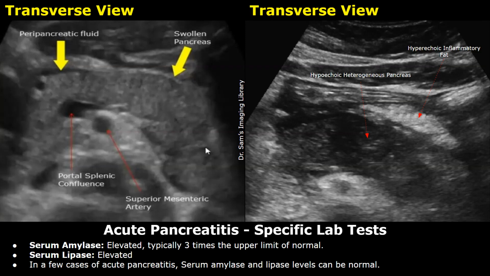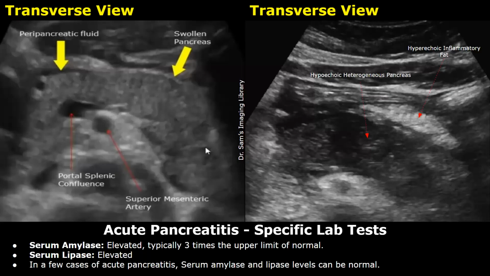First we will look at specific lab tests which are helpful in diagnosing pancreatitis. Two main blood tests are used, serum amylase and serum lipase. Usually in acute pancreatitis, serum amylase is elevated, typically 3 times the upper limit of normal, and serum lipase is also elevated.